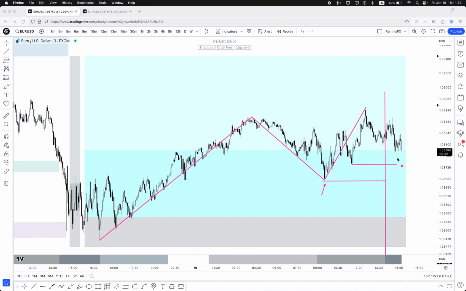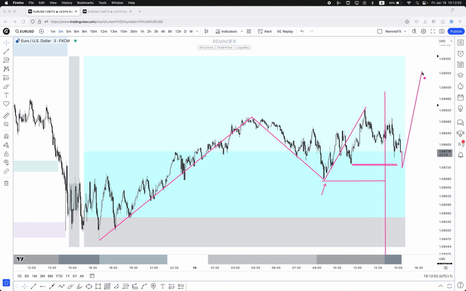So price still may or may not target that internal liquidity of the London session here, and then presumably it may continue higher.